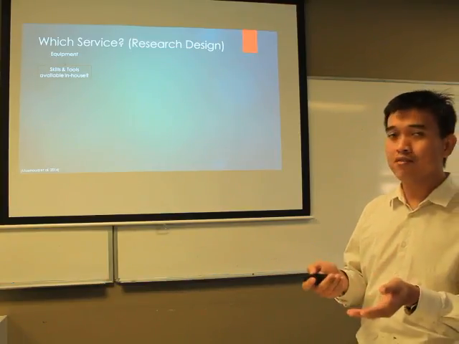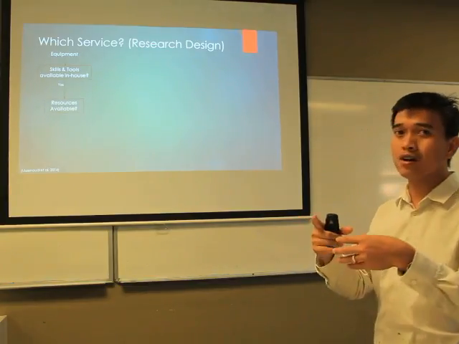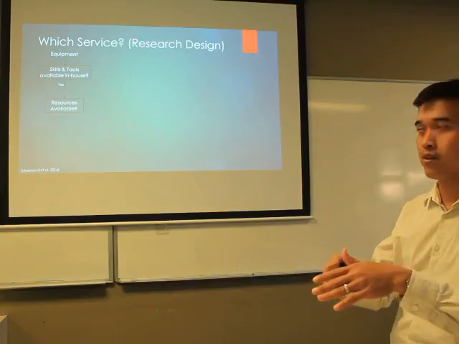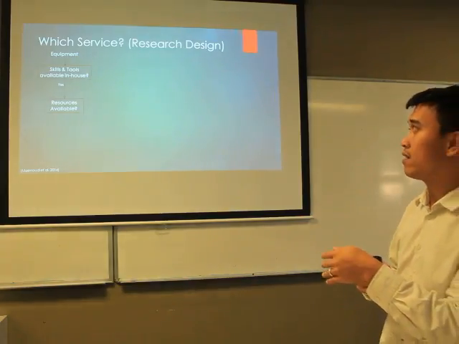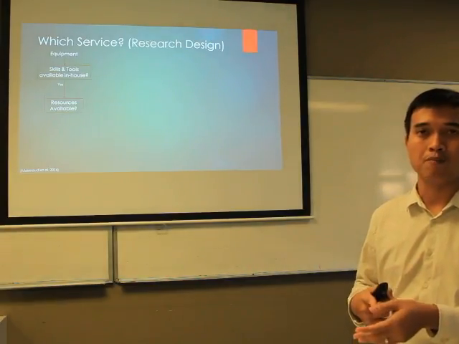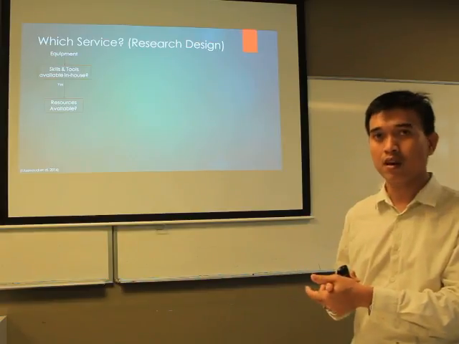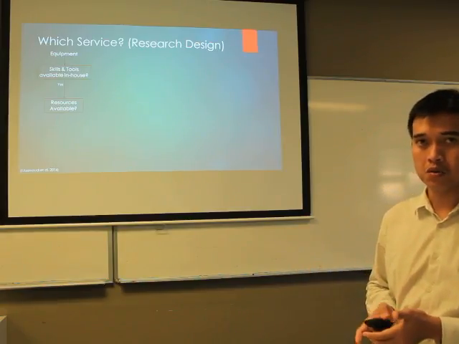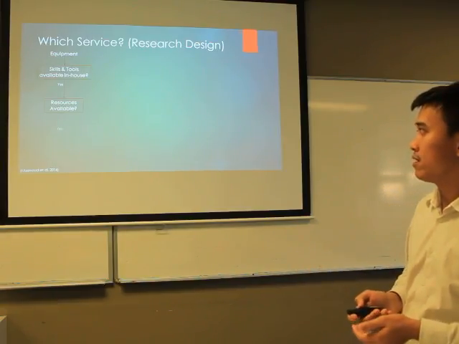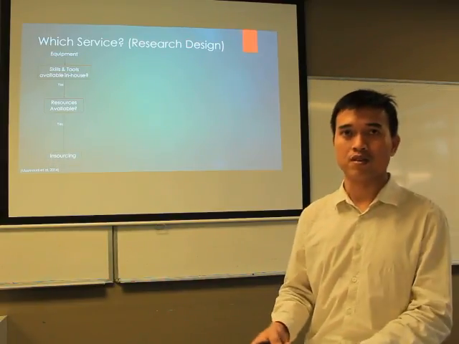If the answer is yes, then we look deeper. Are the resources, which refer to manpower resources and material resources, available in-house? If the answer is yes, then we can start doing the maintenance by ourselves.